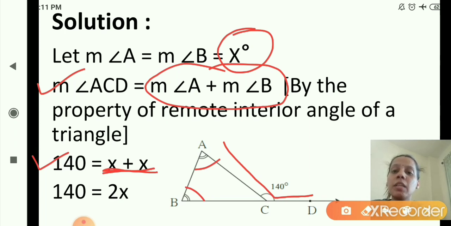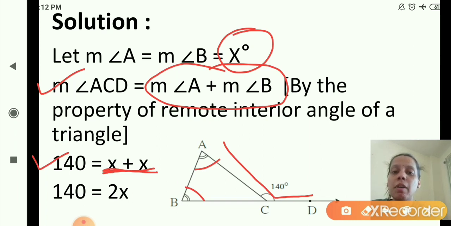These are the remote interior angles of triangle ABC, and angle ACD is the exterior angle of triangle ABC. Correct? Now we'll put the values. Measure of angle ACD is 140 degrees, equal to measure of angle A plus measure of angle B.